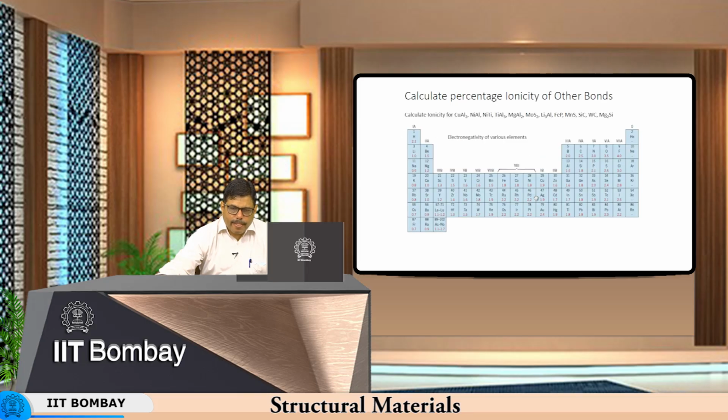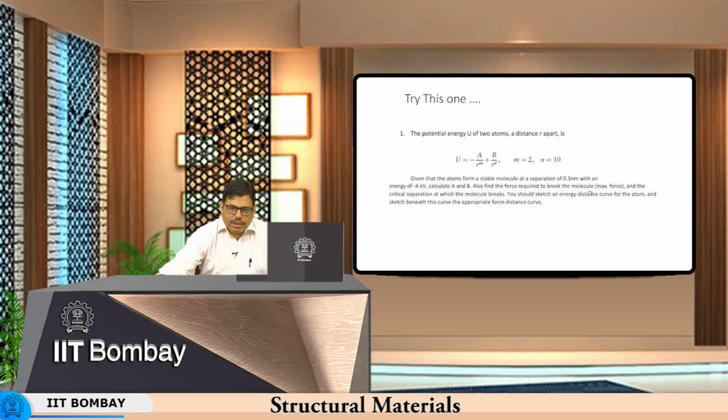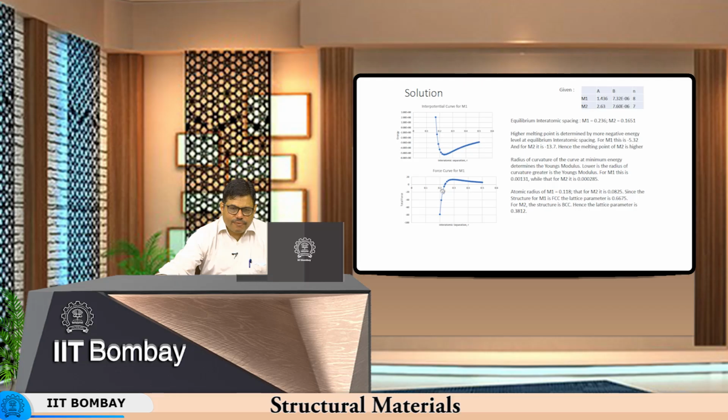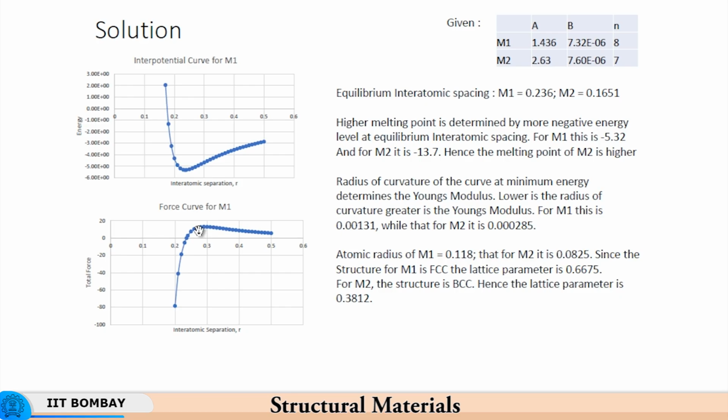interatomic distance. Now there is another issue, also find the force required to break the molecule, the maximum force and the critical separation at which the molecule breaks. So in this curve, this is the total force curve. Here the force is 0 at equilibrium separation, but then the force rises as the separation increases, and there is a maximum force, and if the interatomic separation exceeds the maximum force, then you will have the breakage of the bond.